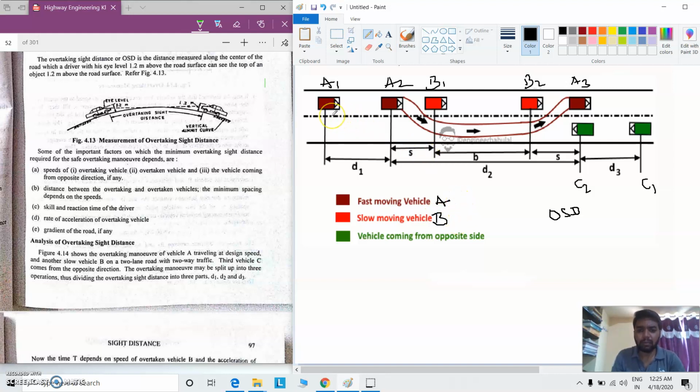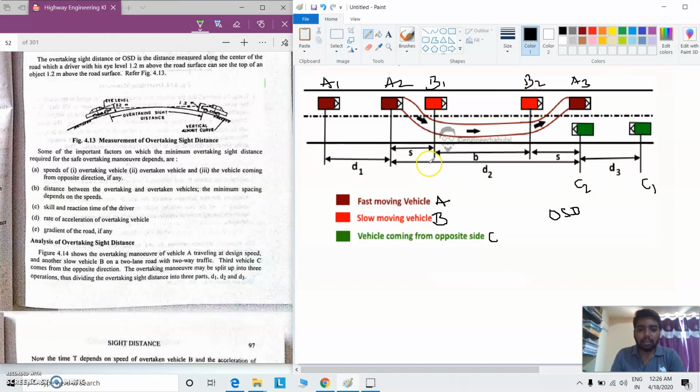The overtaking vehicle is the fast moving vehicle, and the overtaken vehicle is the slow moving vehicle. The vehicle coming from the opposite side is C. Positions 1 and 2 are the positions of vehicle A and vehicle B.